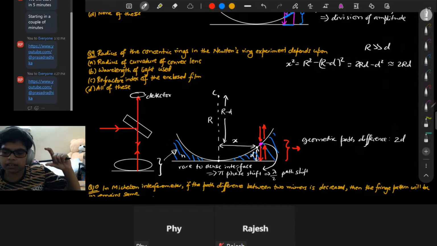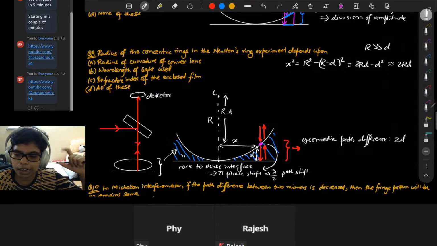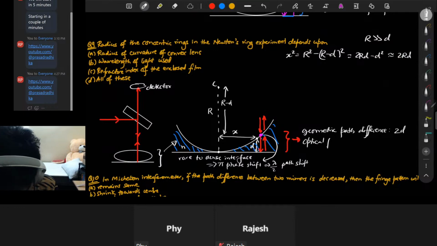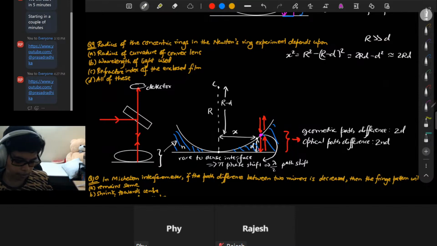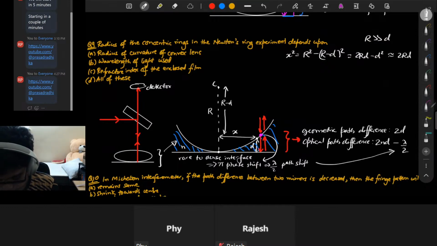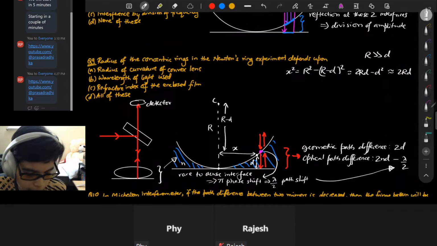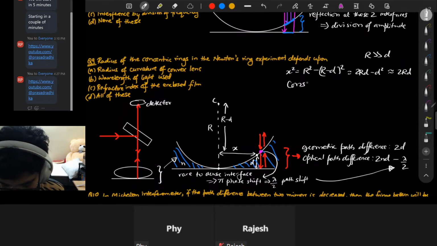As a result, it traverses the distance in the film twice. So you have the geometric path difference as 2d. So this will give you the optical path difference as 2nd, because of the refractive index n of the film, minus lambda by 2. This lambda by 2 is coming from the path shift due to the reflection from the rare to dense interface. Now we can write down the condition for constructive interference.